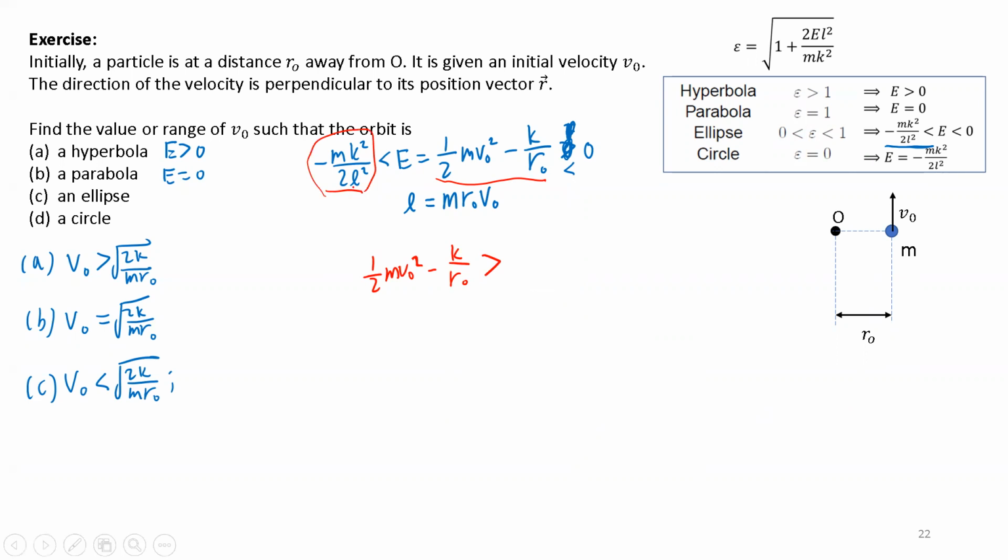And this L square, remember, is also depending on this R0 and V0. So this quantity here, I'll just write it like this.